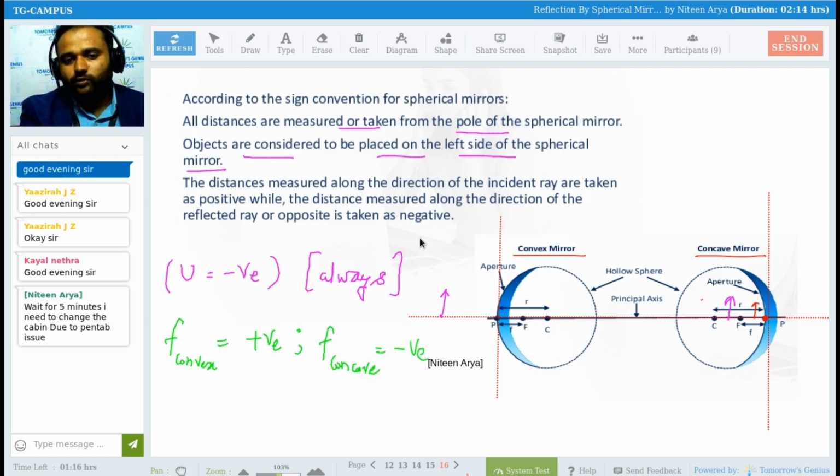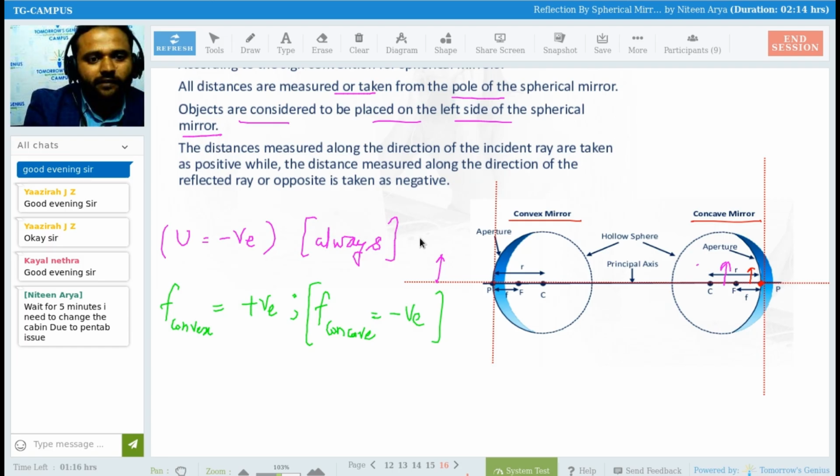So if there is a question and it says the focal length is -25 centimeter, you automatically get an idea in your head that it is a concave mirror. Is this clear, everyone? And from where do we get this information? From the sign convention.